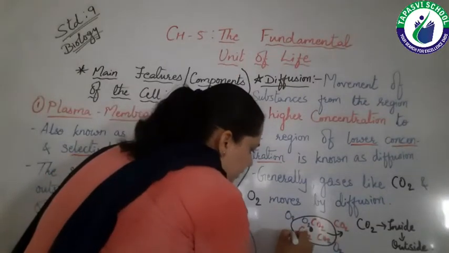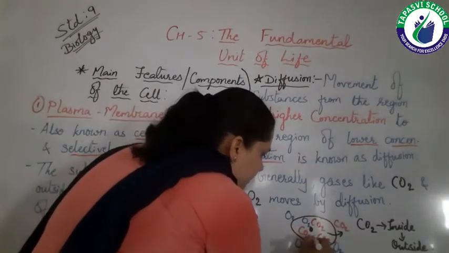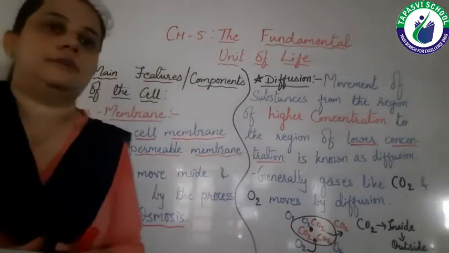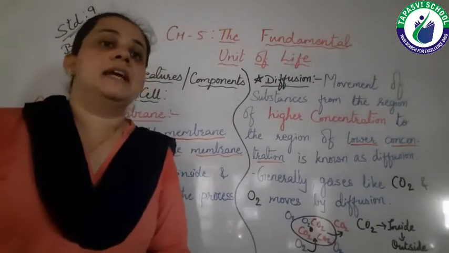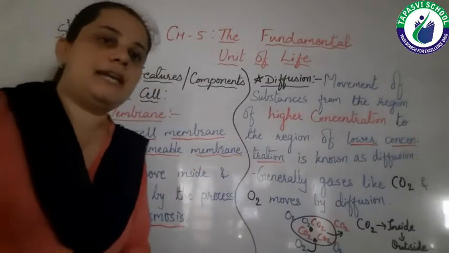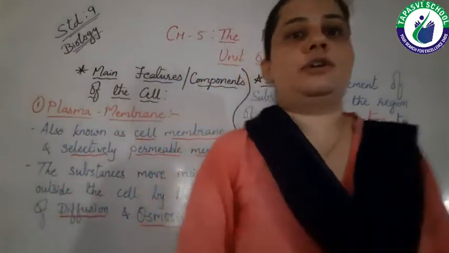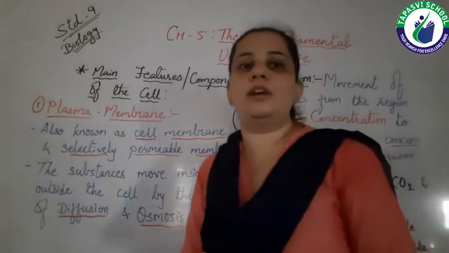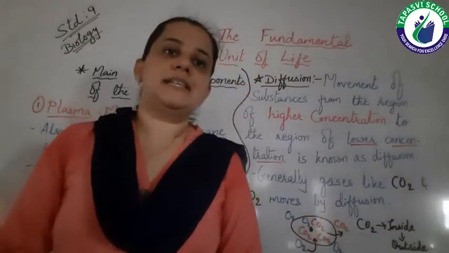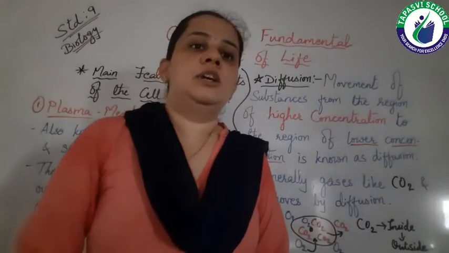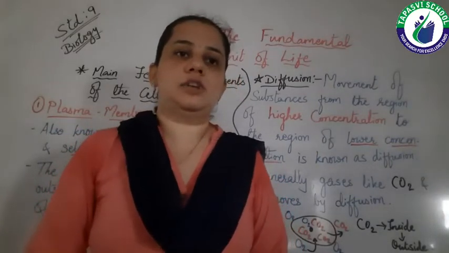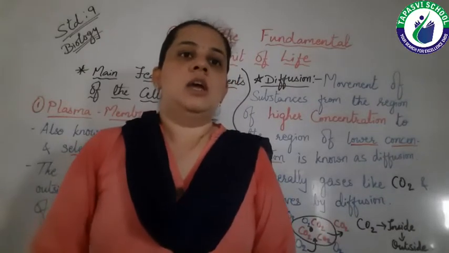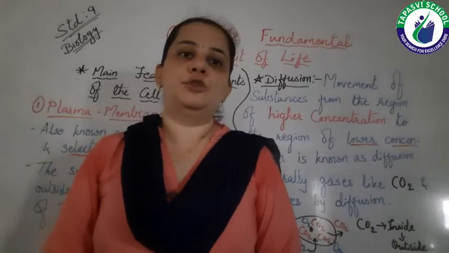So this is known as diffusion. Once again, let's repeat the definition: diffusion means the movement of substance from the region of higher concentration to the region of lower concentration. So gases like carbon dioxide and oxygen follow the rules of diffusion.